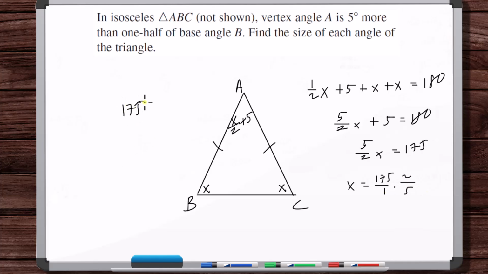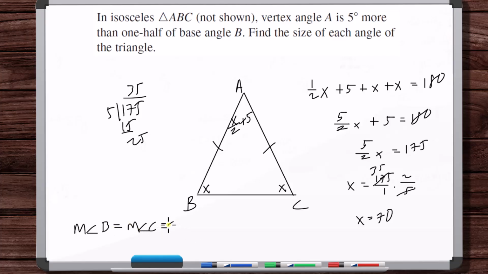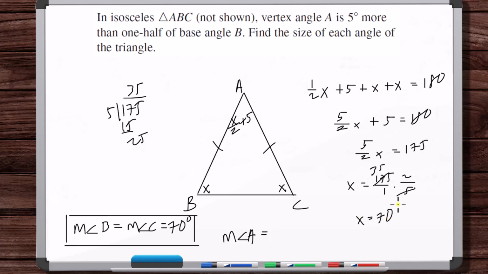So 175 divided by 5 is 35. 35 times 2 is 70. So the base angles, measure of angle B is equal to measure of angle C is equal to 70 degrees. And then the measure of the vertex angle is 1/2 of 70, which is 35, plus 5.